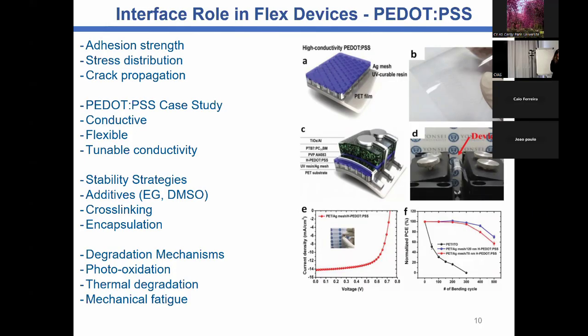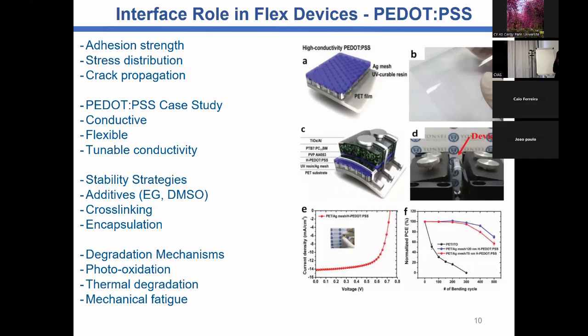So sometimes if the material is not adhered over your semiconductor or over another layer, you have adhesion problems because of the delamination of the layers over the semiconductors. So, for instance, PEDOT:PSS, the most studied material for electronics, has this issue related to delamination.